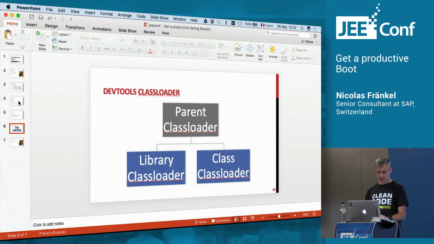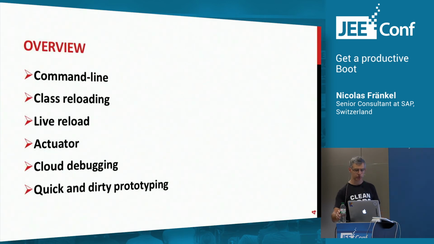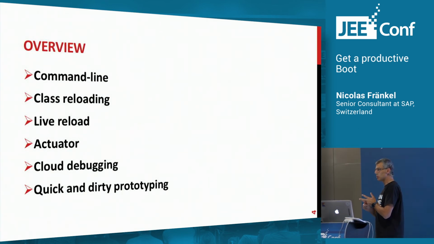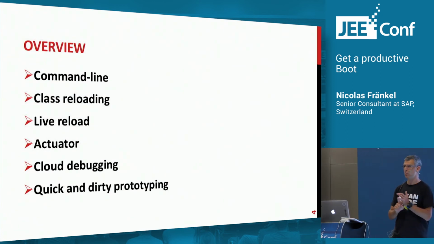I mean, I showed everything I wanted to show you. So quick recap. You have the command line if you want to initialize your projects or if you want to do quick and dirty prototyping. With DevTools, you have free class reloading, live reload, without paying for the JRebel license.